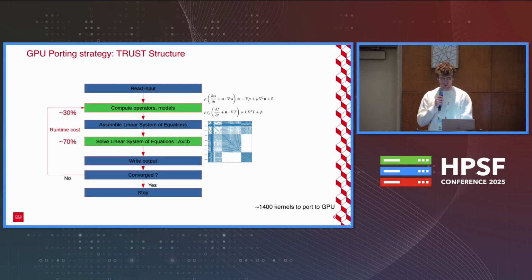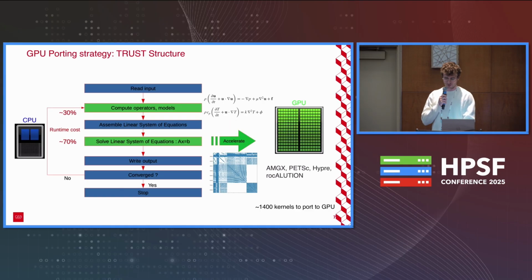And so if we measure the runtime, we can see that we spend 70% solving the linear system and 30% of the time computing operators and model. So the first thing that was ported to GPU was the resolution of the linear system using external GPU-enabled linear algebra libraries.